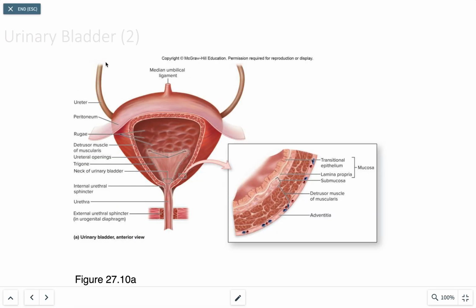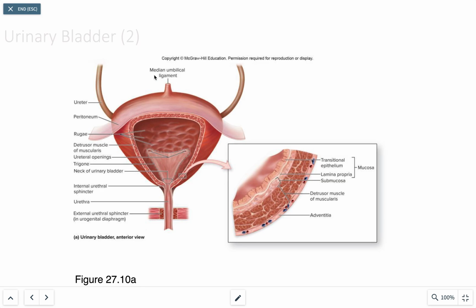So as we're traveling down the ureter, we can see the right ureter, which is coming from the right kidney, and the left ureter, which is coming from the left kidney, forms into the reservoir for urine collection, which is called the urinary bladder.